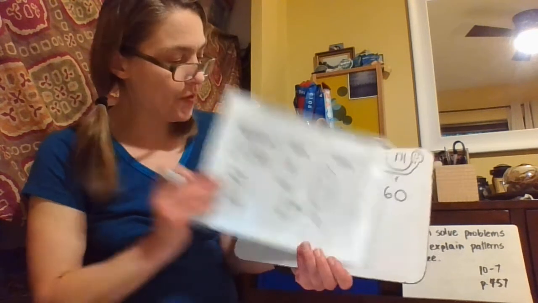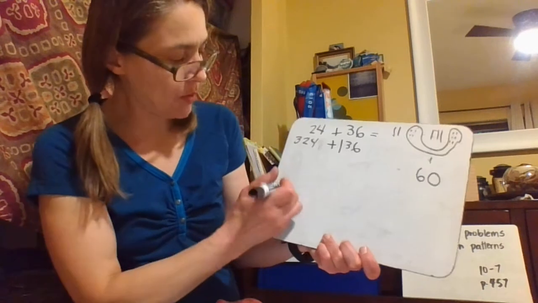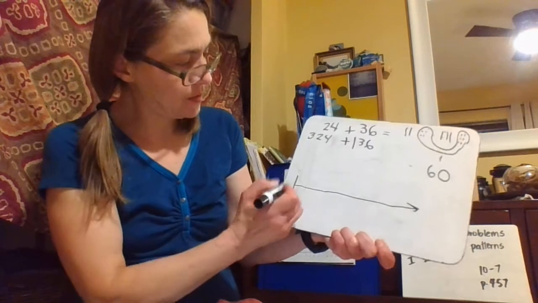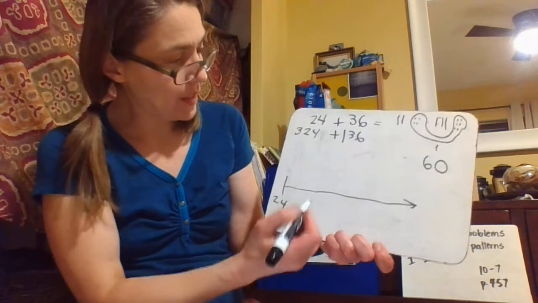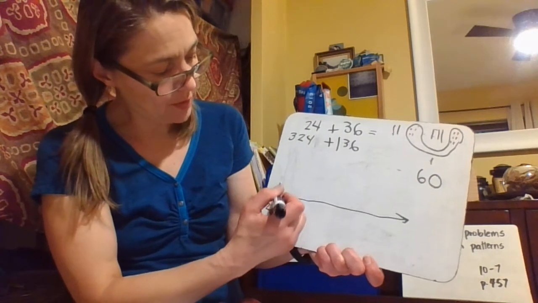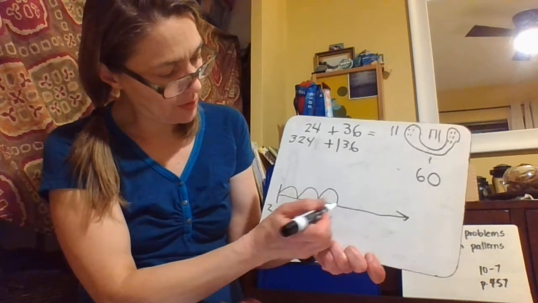So there's one other model they're making here, and they're doing an open number line. So if we had an open number line and we started at 24 and we're adding 36, we can add the three 10s. So we have 24, 34, 44, 54.